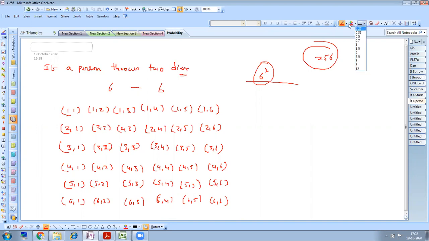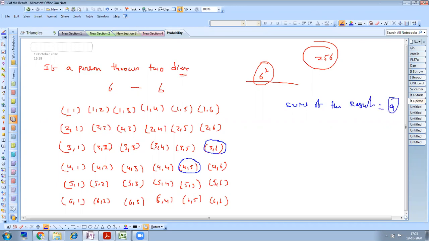Sandhya, sum is 9. I'm circling with blue color. Sir, 1 and 8 is possible. Is it there in the sample space? No, 1 and 8 is not there now. So 7 numbers?